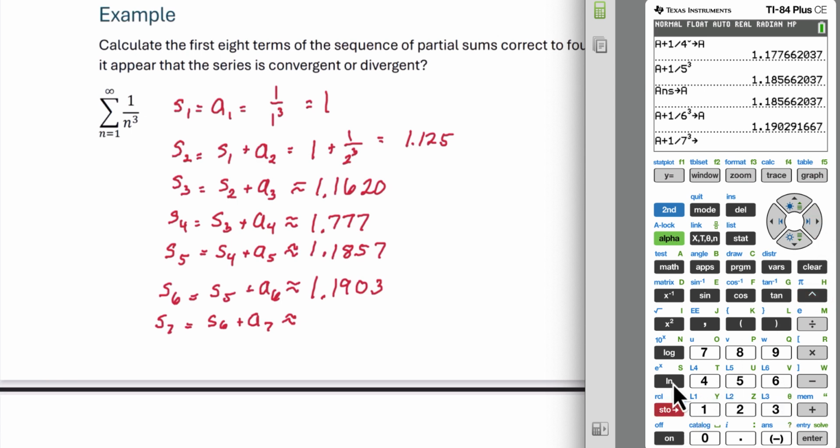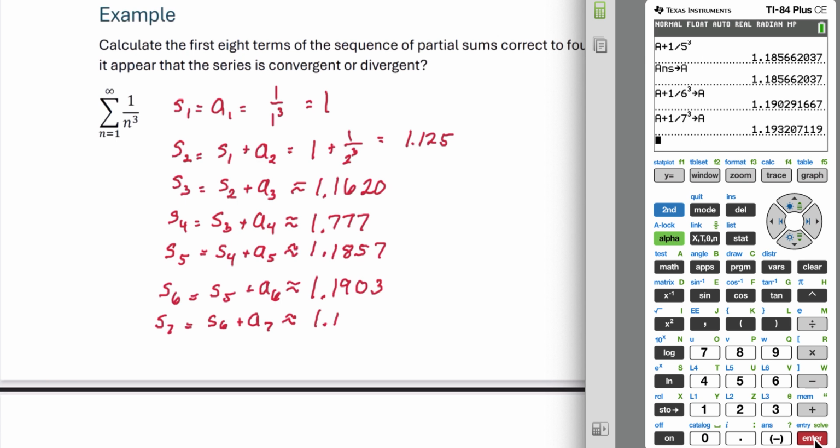And store that. We get 1.1932. One more, S8 is the previous sum, S7, plus A8.